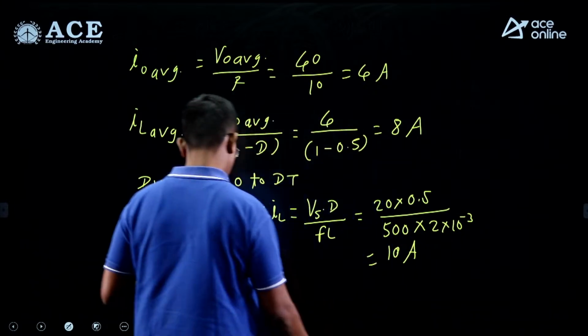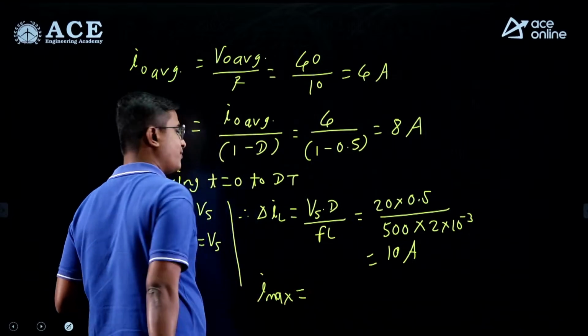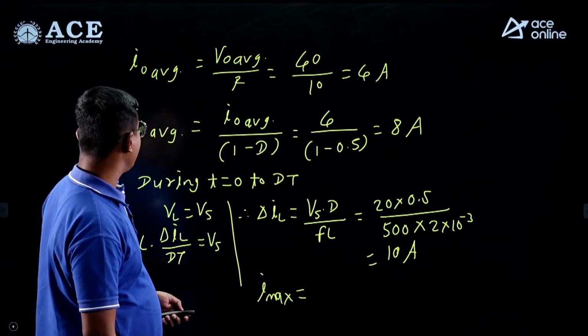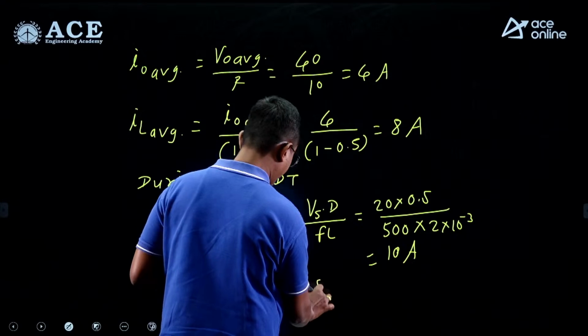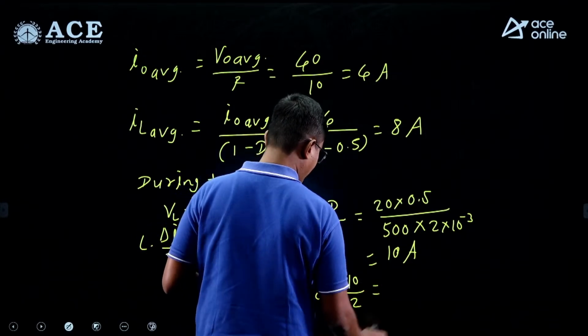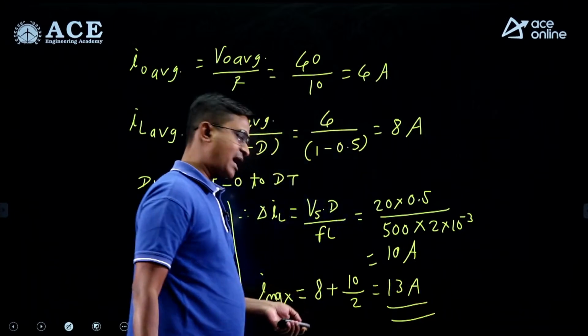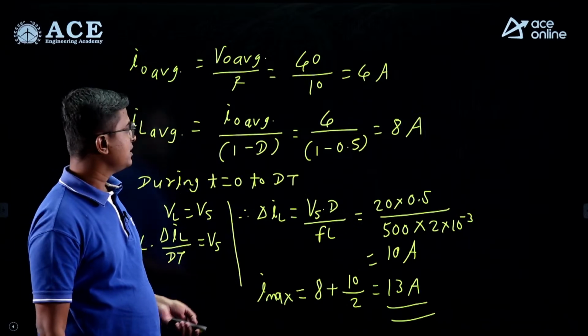So that is delta IL. Now from this I can write Imax, which is equal to IL average plus delta IL by 2. IL average is 8, delta IL is 10, so 10 by 2. So it is equal to 8 plus 5, that is 13 ampere. So my Imax is equal to 13 ampere.